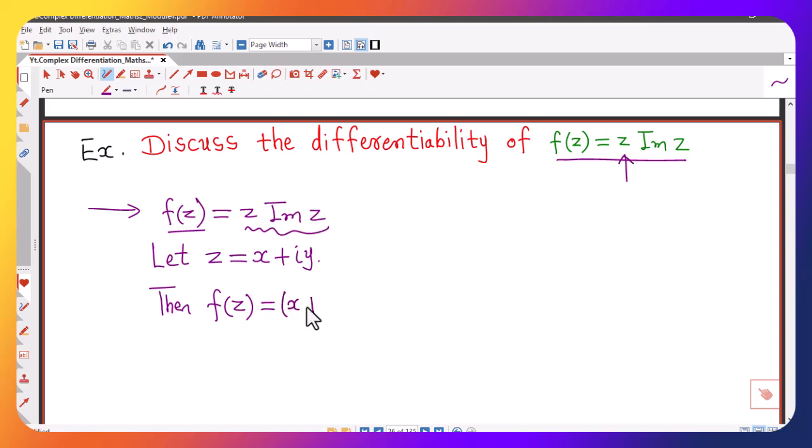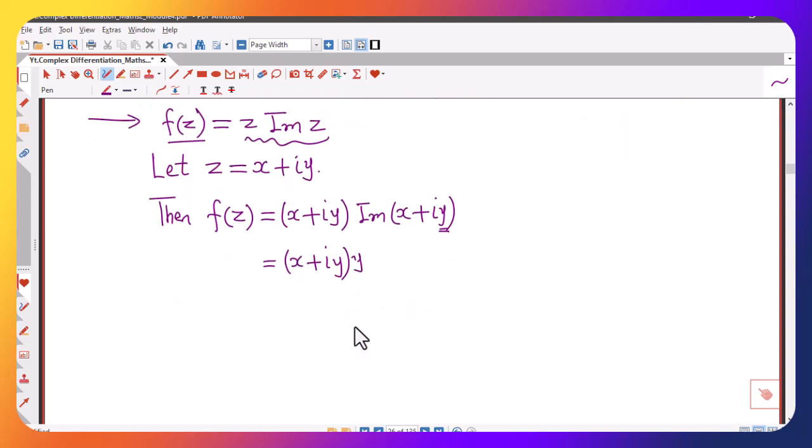Z is x plus iy into imaginary part of x plus iy, and the imaginary part of x plus iy is y, and if we simplify this we have x times y plus i times y square.